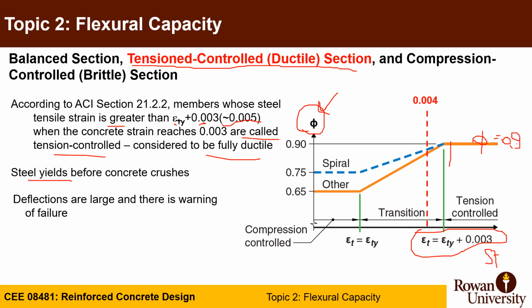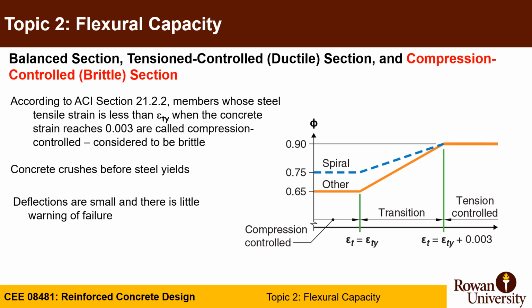And steel will yield before concrete crushes, deflections are large, and there is warning of failure. If you do compression control, it is this region. So this is tension control, this is compression control. This happens when, according to ACI 21.2.2, remember, the steel strain is less than epsilon yield when concrete reaches 0.003, called compression control, or brittle.